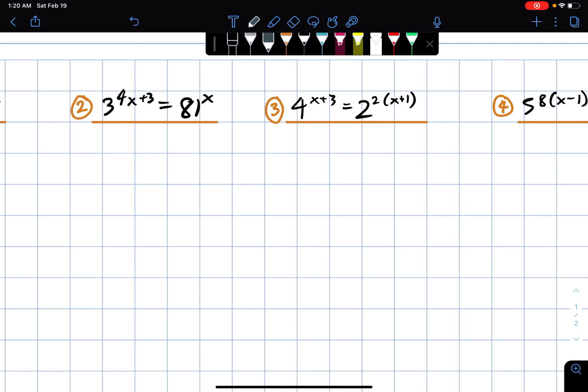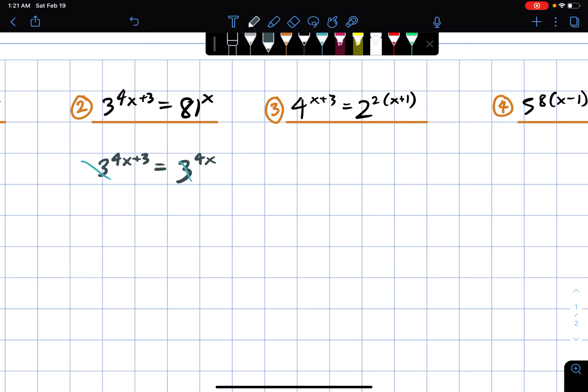All we have to do for 81 is to make it smaller, since 3 raised to 4 is 81. So yeah, that's it. You just cancel both bases. We have to make the bases the same so we can cancel them.